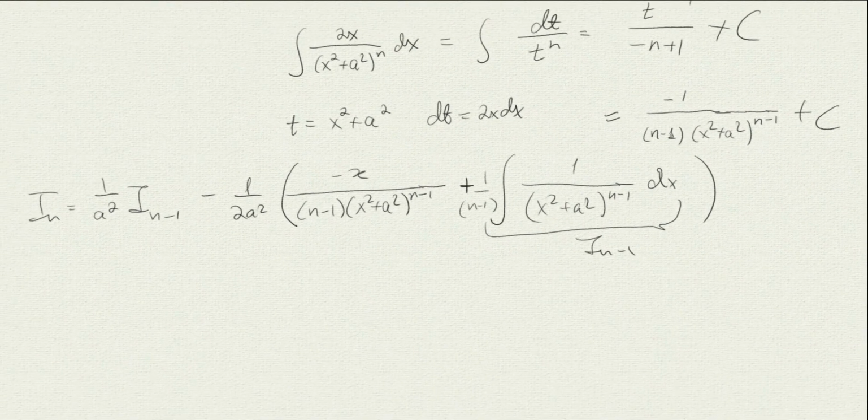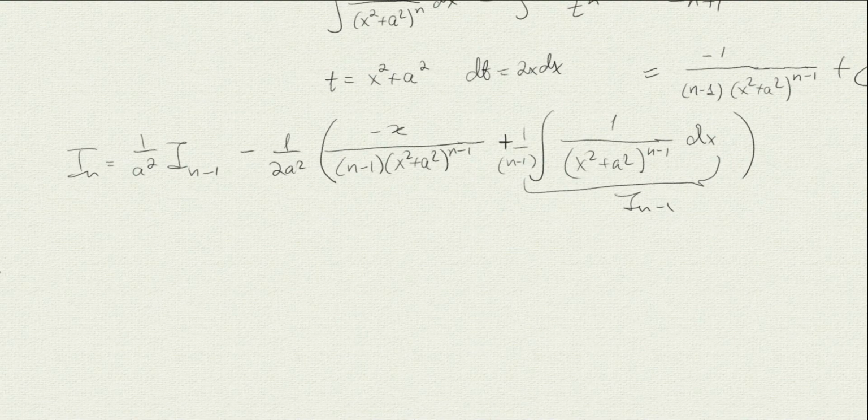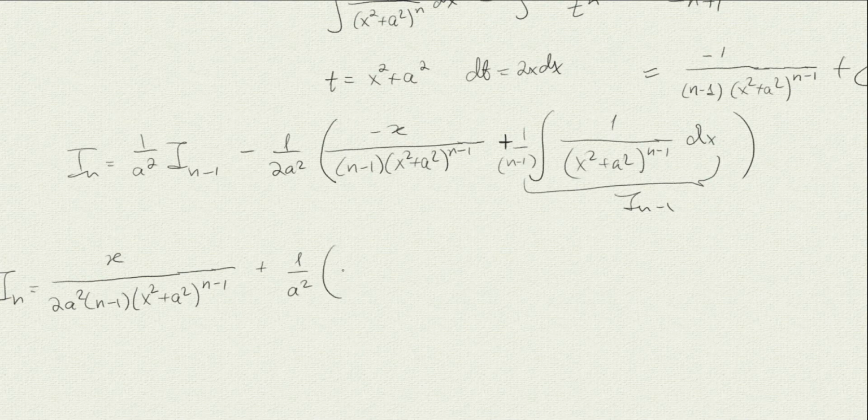So now if we want to organize it a little bit more, I_n is going to be, so this minus cancels out with this one, so it's x over 2a squared, and here we have n minus 1 times x squared plus a squared, all of this to the power of n minus 1, and here we are going to have 1 over a squared, and here we're going to have 1 minus, and here this is just going to be 2. So 1 over 2n minus 2, all of this I_{n-1}, because of this I_{n-1}.